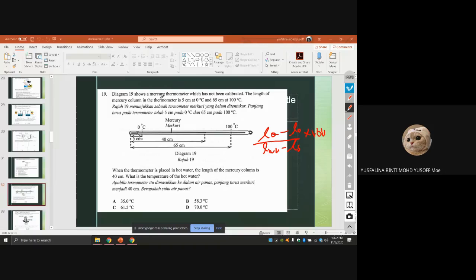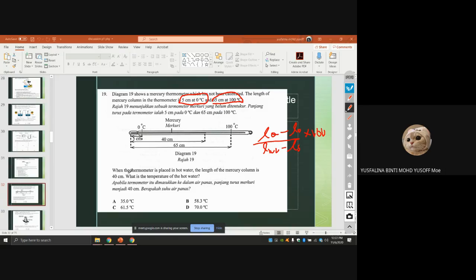So read the question first. It said the length of the mercury column is 5 cm at 0 degrees Celsius, so 5 cm is the L0, the length of the mercury at 0 degrees Celsius. And 65 cm at 100 degrees Celsius, so L100 is 65.